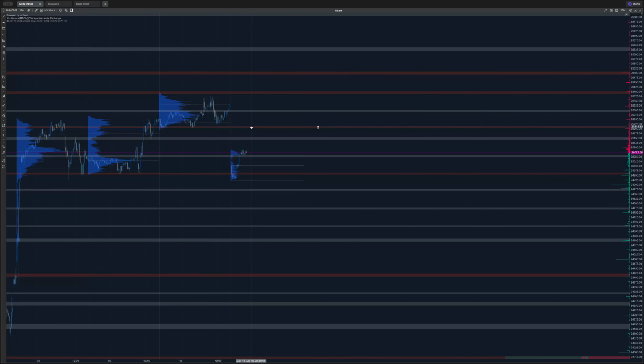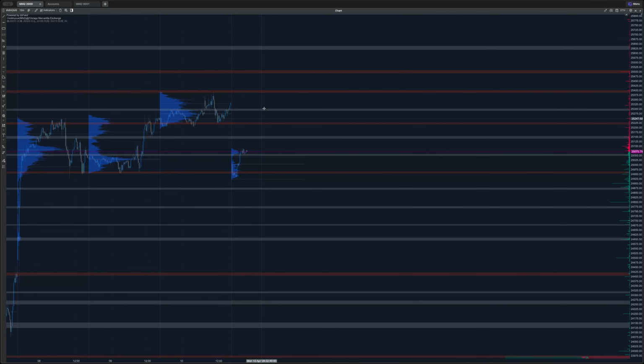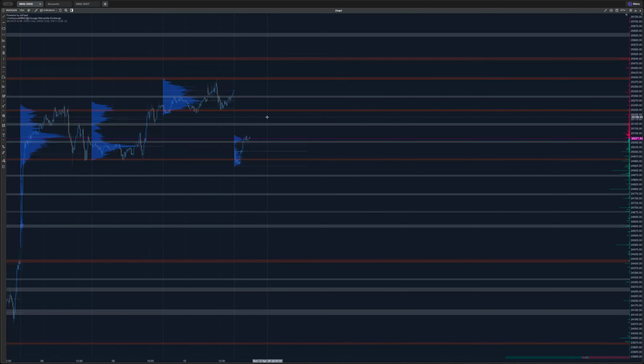Now looking at the lower parts, that's actually not too bad. But since the market got rejected here, I'd tend to mark this area as the lower part from the previous day, and I'll just take it like that.